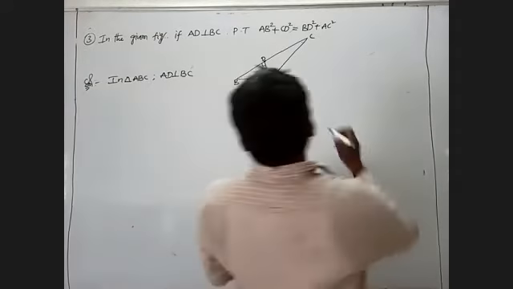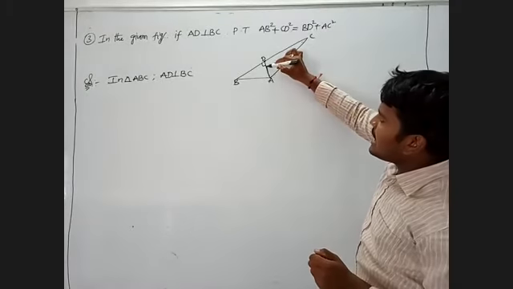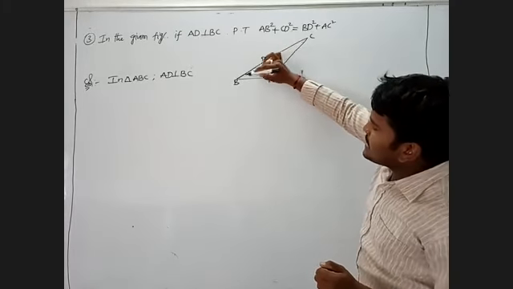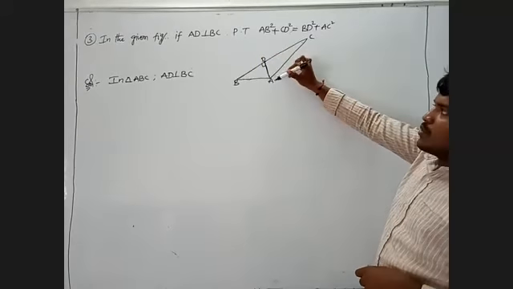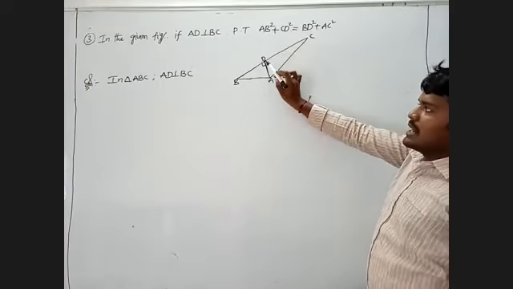Given figure can be divided into two parts, that is triangle ADB. In this triangle ADB, where AD is the base, DB is the height, AB is the hypotenuse, will write by the Pythagoras theorem.